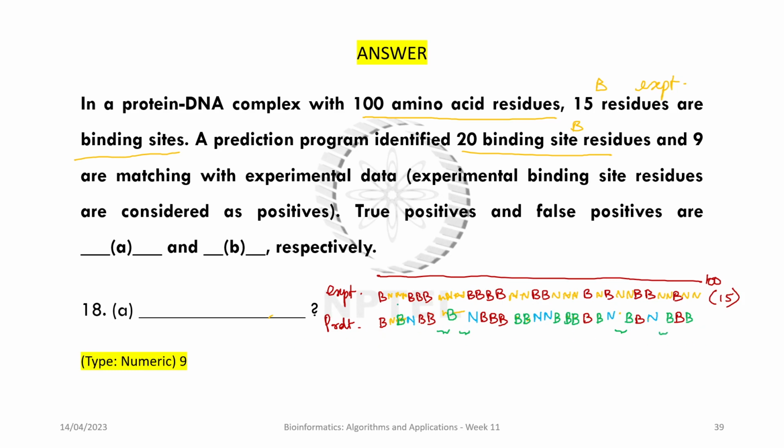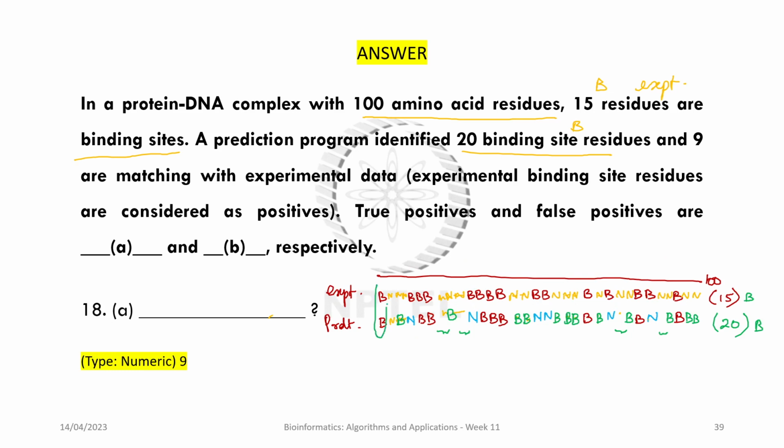Amongst these you have 20 Bs here, right? Let me put another 20. So you have 20 Bs according to prediction, 15 Bs according to experimental, and 9 of them thankfully match.